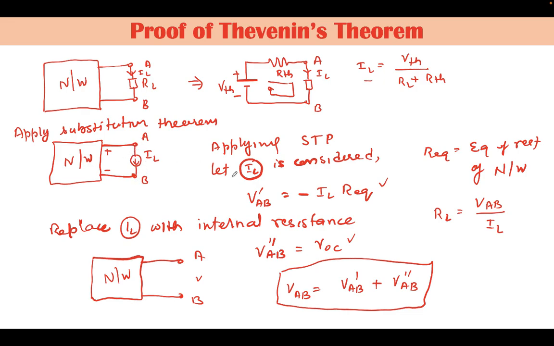The current flowing in that network is IL. The resistance across terminal A and B is RL.